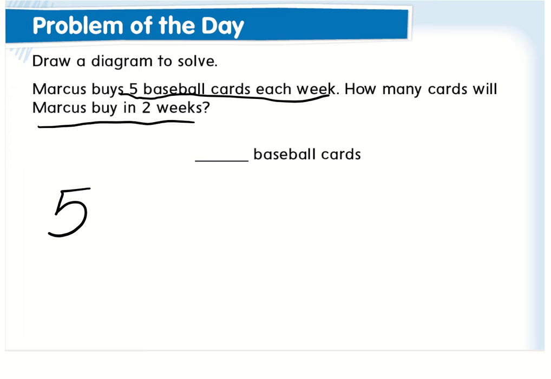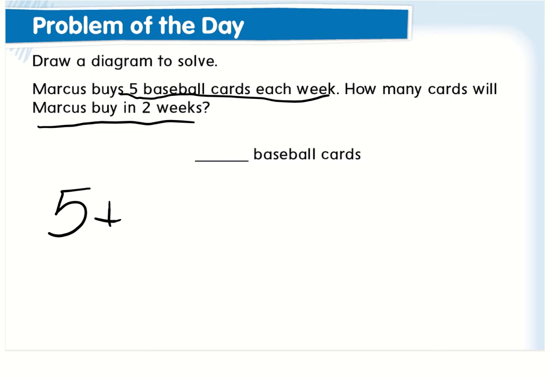Now be very careful, we're not doing 5 plus 2, because that would mean that on the second week he bought 2 baseball cards, but in the first sentence it says Marcus buys 5 baseball cards each week. So that means if he's buying them in 2 weeks in a row, what number would go right here?